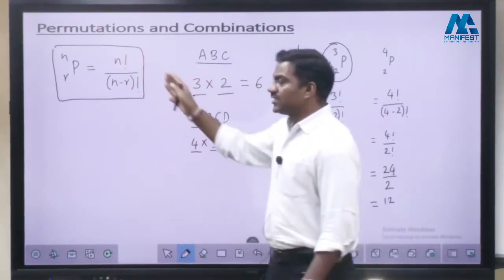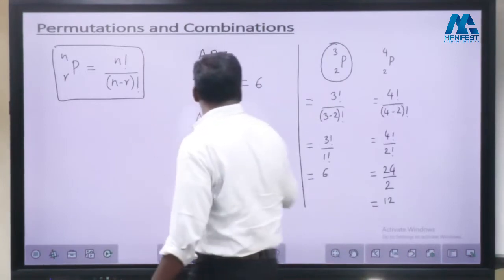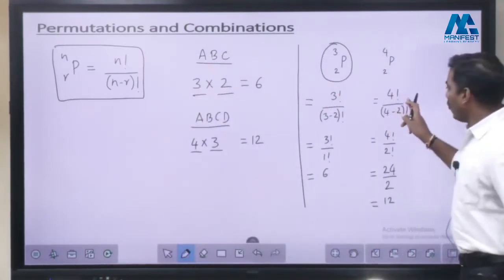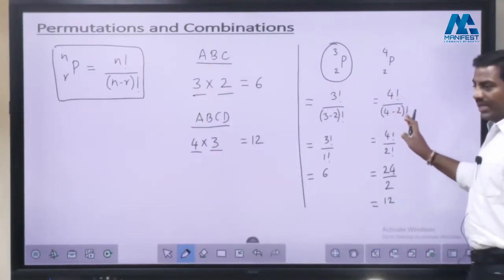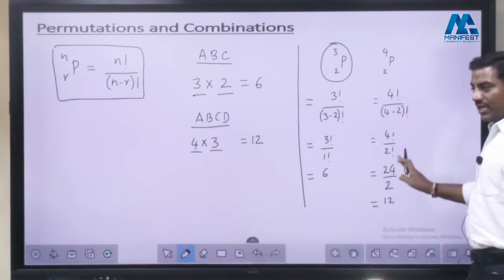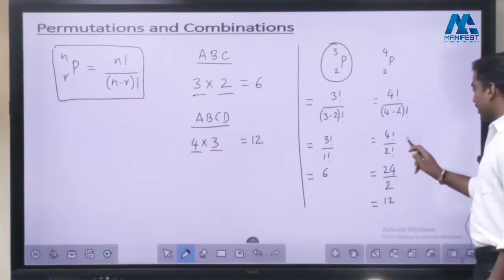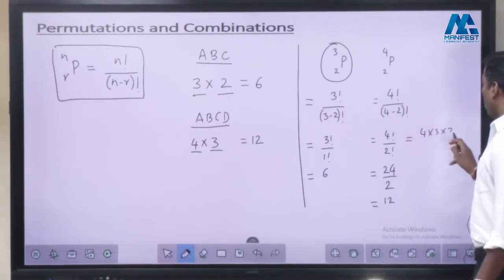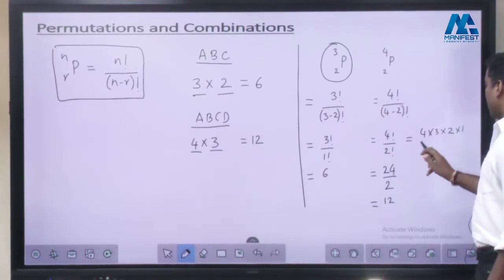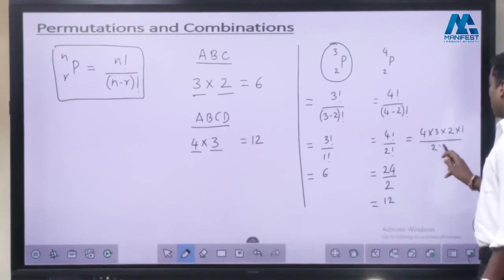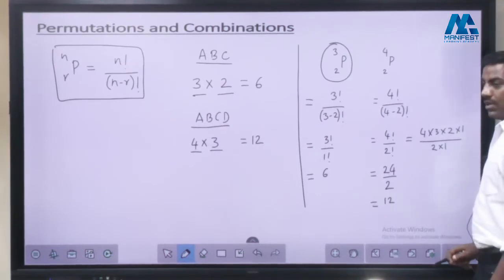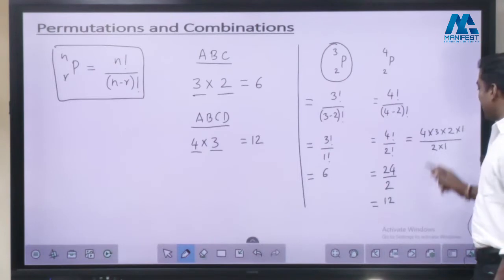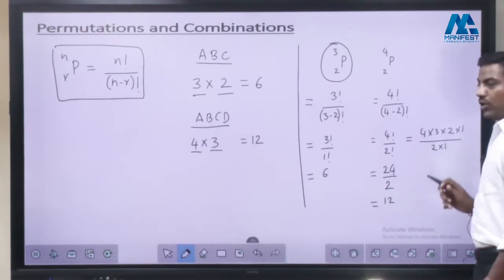Okay. So what will this formula do? In this case, 4 factorial divided by 4 minus 2 factorial. 4 factorial divided by 2 factorial. How do you write it? 4 into 3 into 2 into 1 divided by 2 into 1. I am not wasting my time writing this 2 into 1 and 2 into 1.